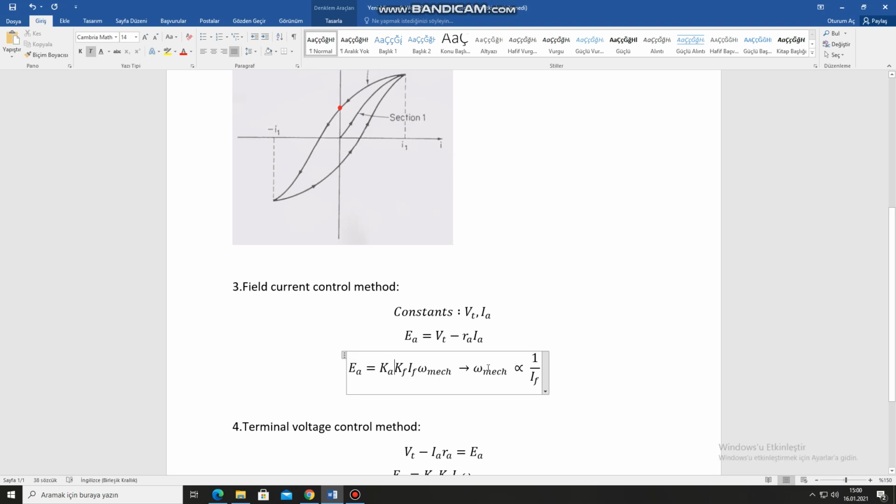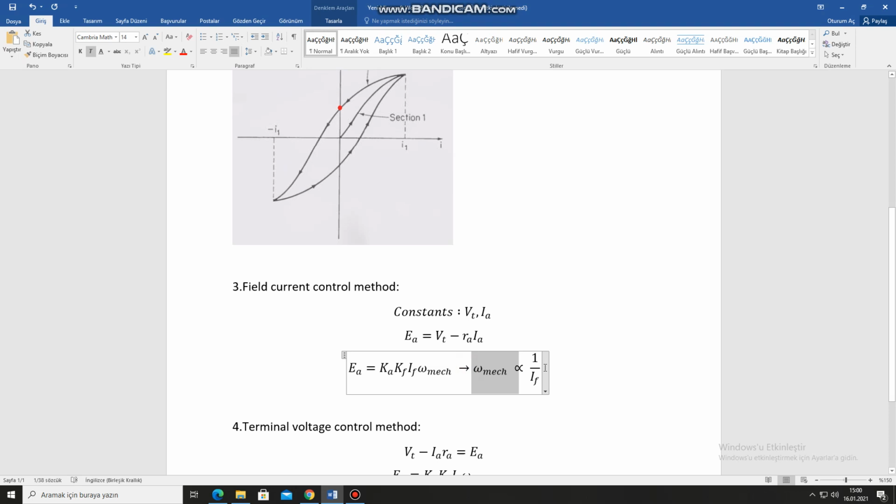So this implies that the speed of our motor is inversely proportional to the field current. Increasing the field current decreases the speed of our motor. This is all about the field current control method, and the key point here is that E_A should be constant. If it is not constant, we cannot observe such an inversely proportional relation in a better way.